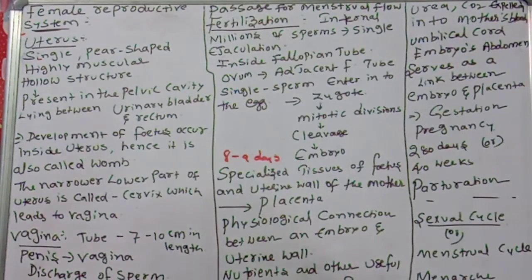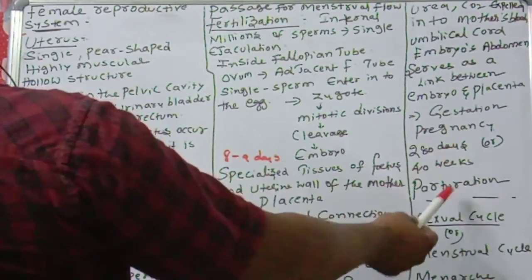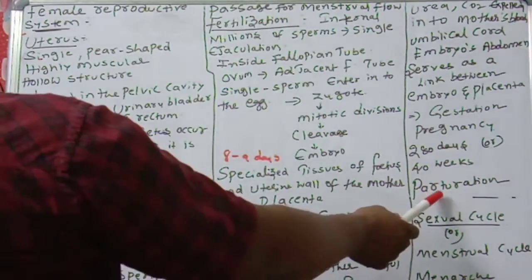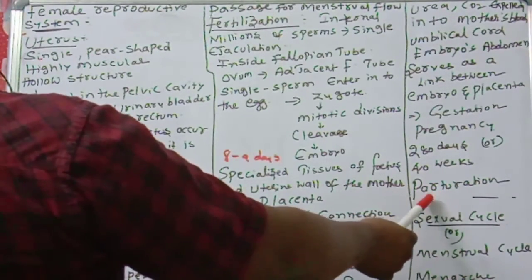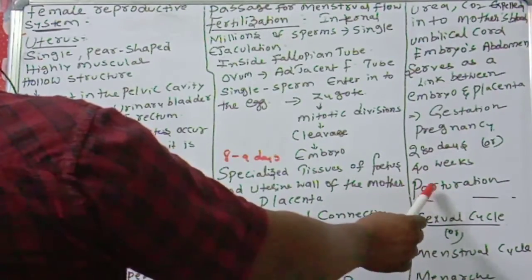How many days for gestation to complete? 280 days or 40 weeks. Later the pains start, which are called labor pains. Parturition is the expelling of the full-term young one from the mother's uterus, the end of gestation.